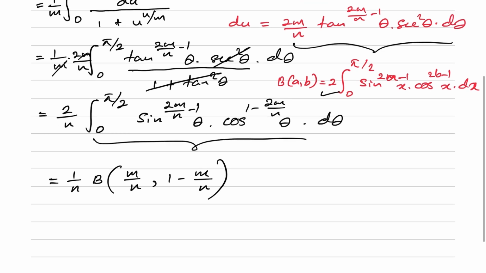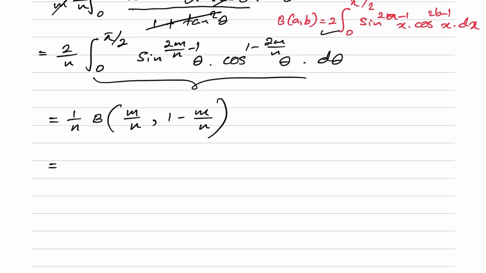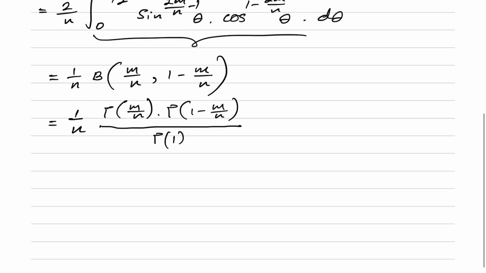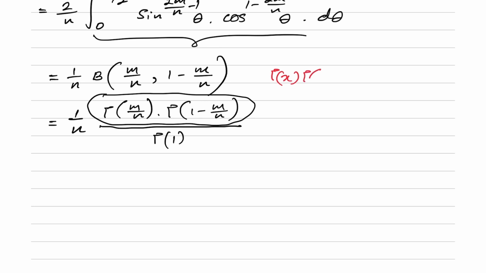Now we know the relation between the beta function and the gamma function, so we can convert the beta function into gamma functions. So we have Γ(m/n) times Γ(1 − m/n) over Γ of m/n plus 1 − m/n, which is Γ(1), and Γ(1) is 1. So we have Γ(m/n) Γ(1 − m/n). Let's recall Euler's reflection formula: Γ(x) Γ(1 − x) is equal to π over sin(πx).